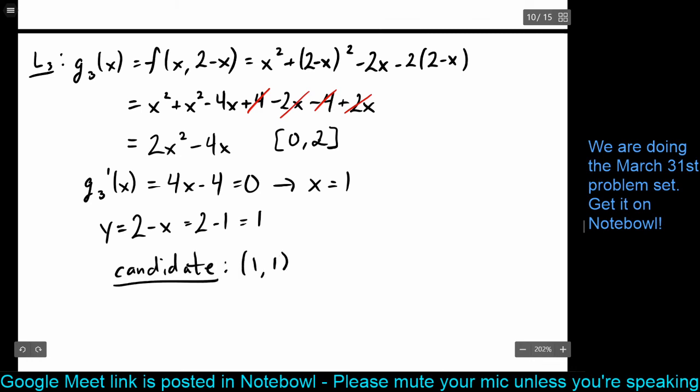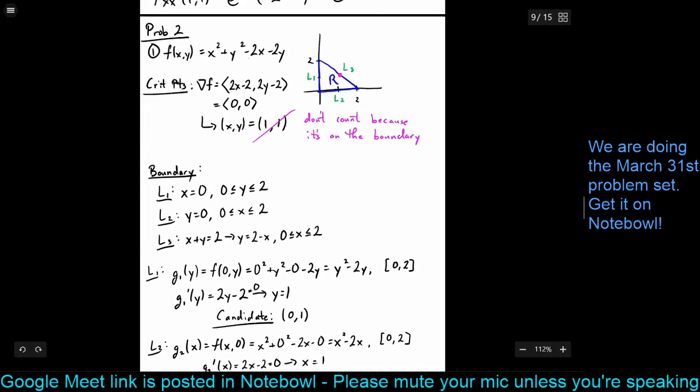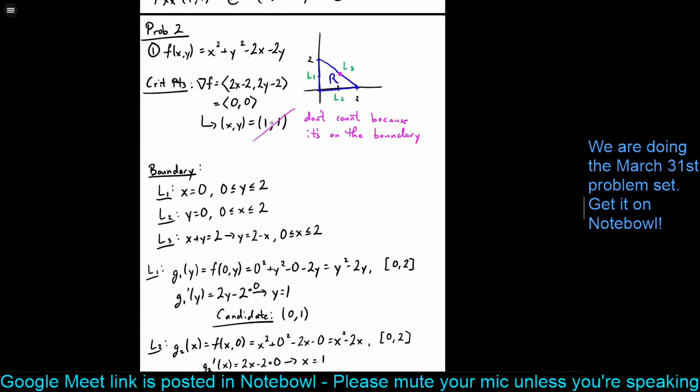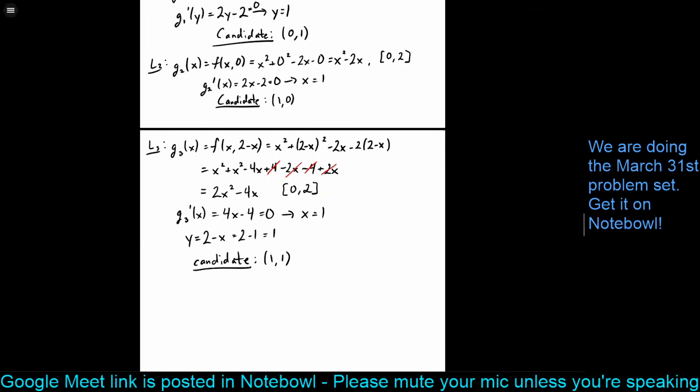is 1, 1. So it's actually kind of a neat coincidence that this critical point from the gradient, which didn't count originally because it was on the boundary, we actually got it anyway through this procedure. Right? Actually, that's not so much of a coincidence. I take that back. That's not really a coincidence. That sort of had to happen.